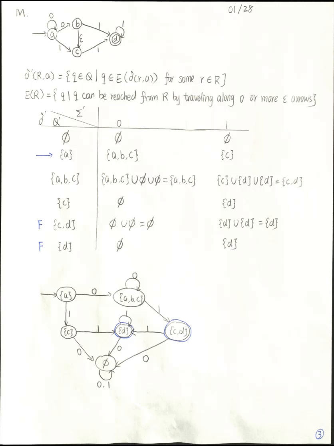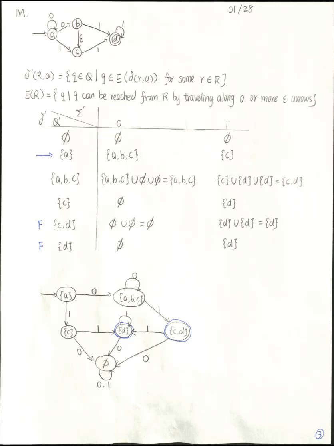Now I draw the diagram from this computation table. The start state is A, which is the set of states that can be reached from the start state of this NFA by consuming nothing. In this case, it will be A itself. If there are epsilon transitions out of A, then you need to follow the epsilon transitions and see what states can be reached by following only epsilon transitions.